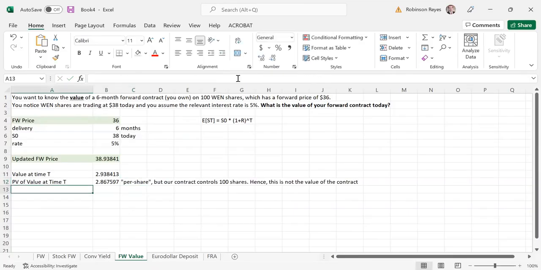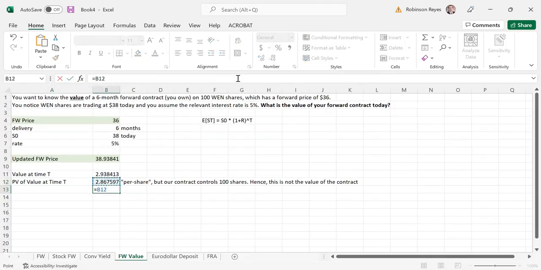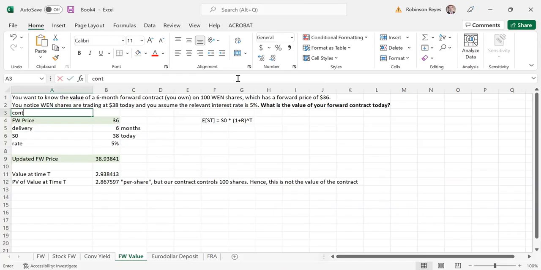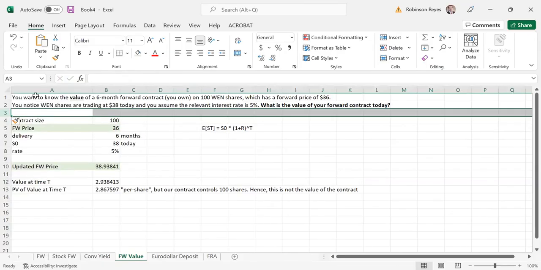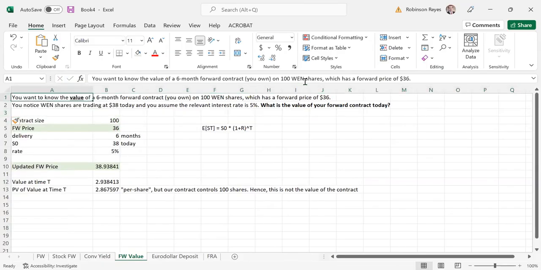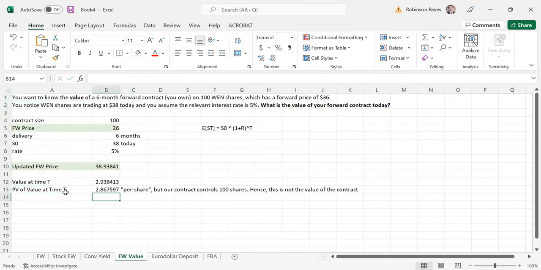So the value of the contract is this multiplied by the contract size, and it's 100, because we are given that information here. We just didn't write it along the other values.